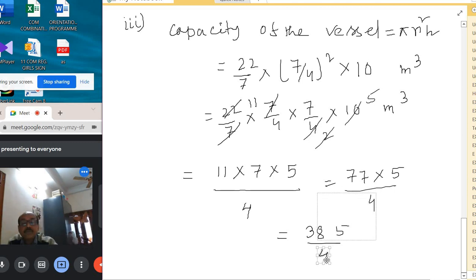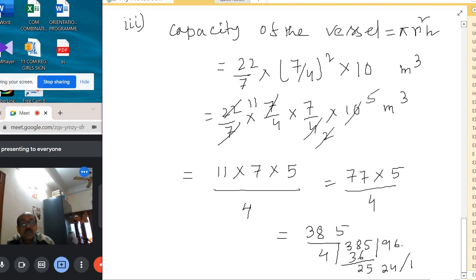Okay, divide now. 385 divided by 4: 4 9s are 36, remainder 1.